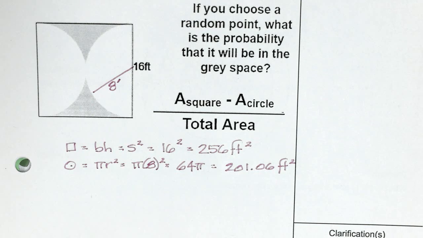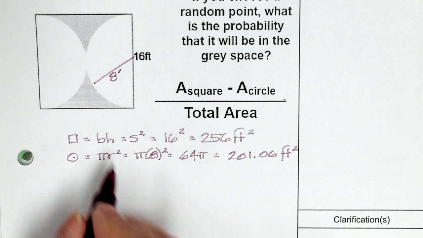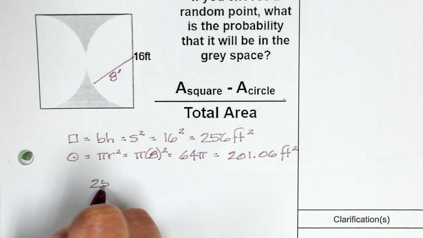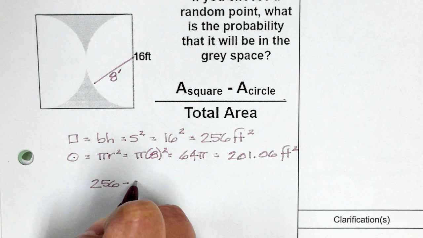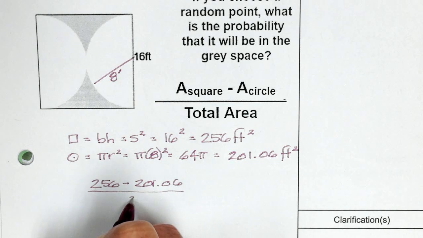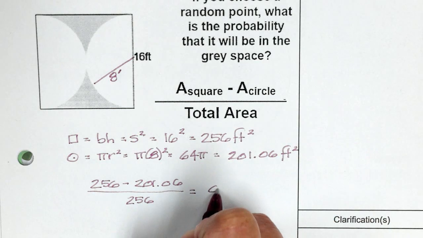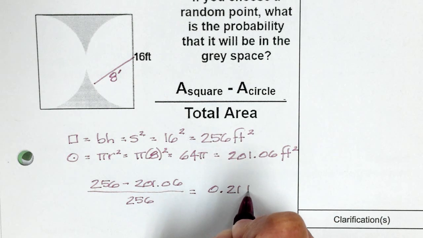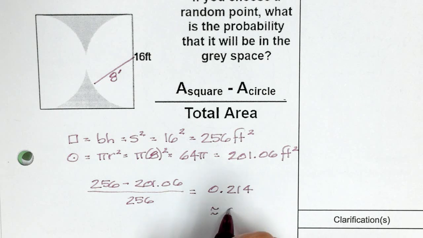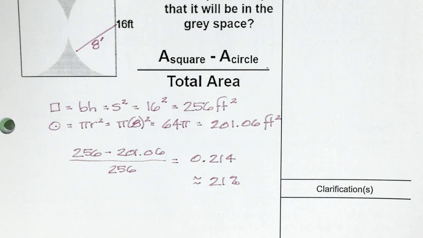Now to find the probability that you will land in the gray space, we take the area of the square minus the area of the circle and divide it by the area of the square. And you get 0.214, or approximately 21%. Okay? And that is geometric probability.